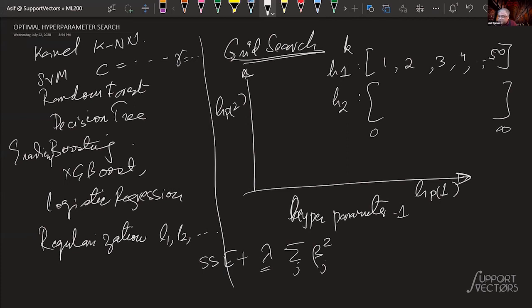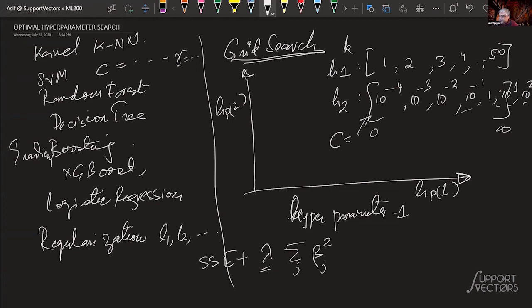One thing you can do sometimes is you can go with powers of 10, for example, the cost in a SVM. You could take 10 to the power minus 4, 10 to the power minus 3, 10 to the power minus 2, 10 to the power minus 1, 1. And then maybe you can go to a few positive powers also, 10 to the power 1, 10 to the power 2. These are all possible values to take. I'm just taking 2 examples of a hyperparameter.